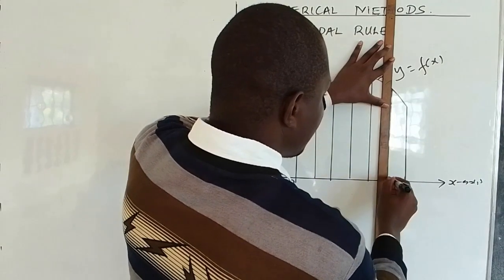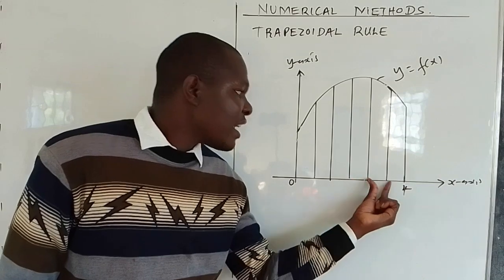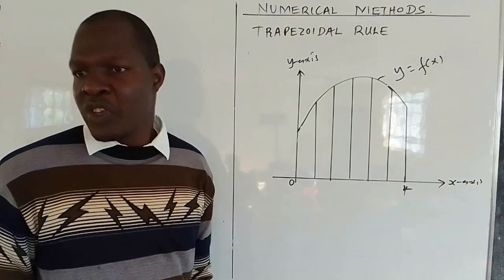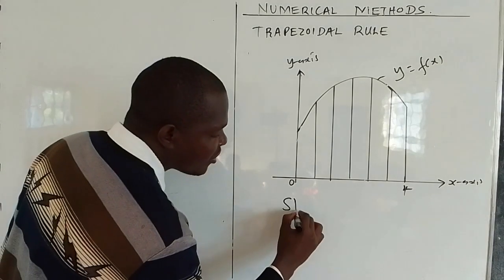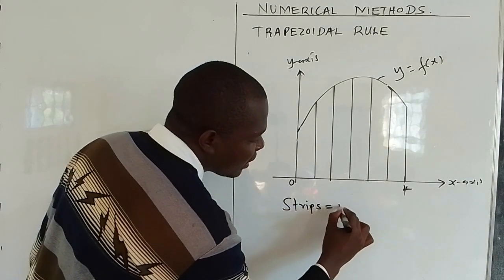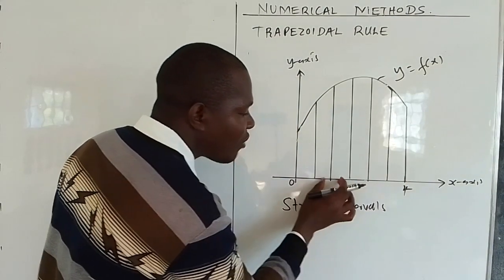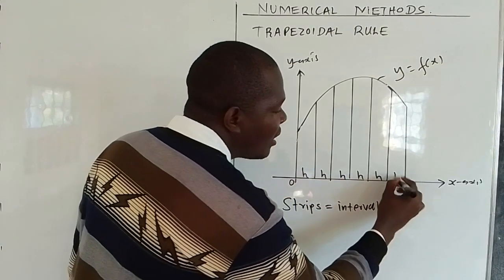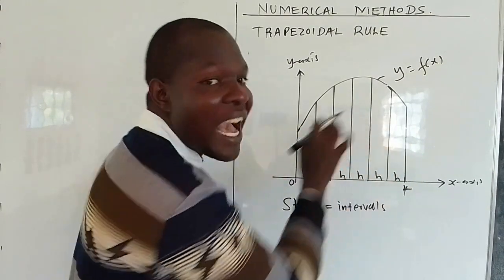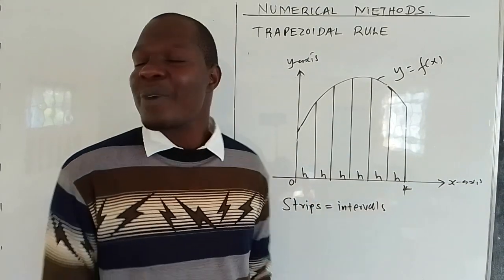Each and every interval gives you a strip, so the number of strips will always be the same as the number of intervals, the ones we were denoting by h.